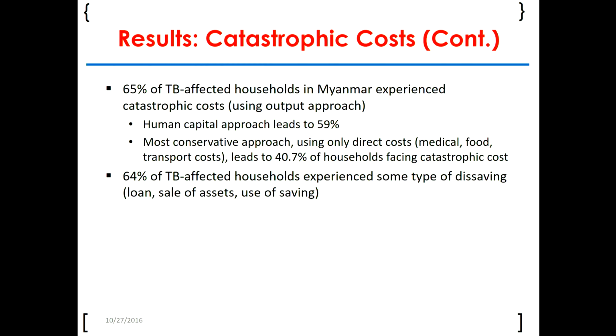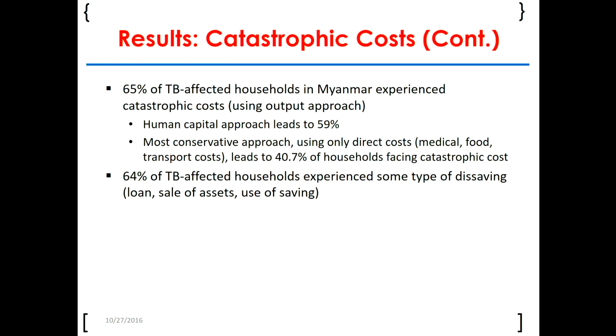About 65% of the TB-affected households experienced catastrophic cost using the output approach, that is, the direct cost plus changes in annual household income. About 59% with the human capital approach, that is, the direct cost plus the non-medical cost, and with the conservative approach, about 40.7%, that is, the direct cost only: medical, food, and transport cost.